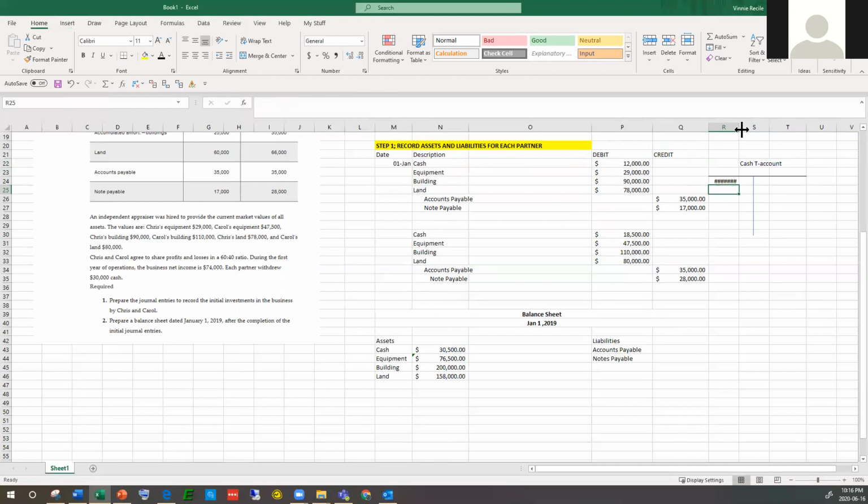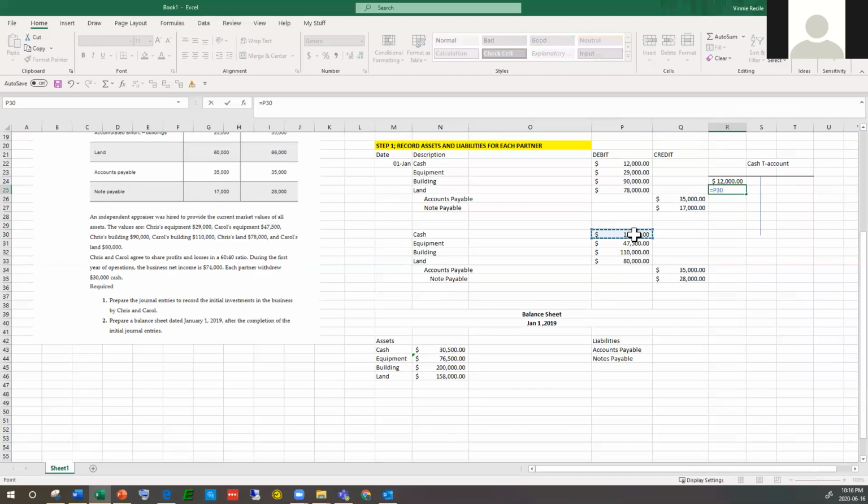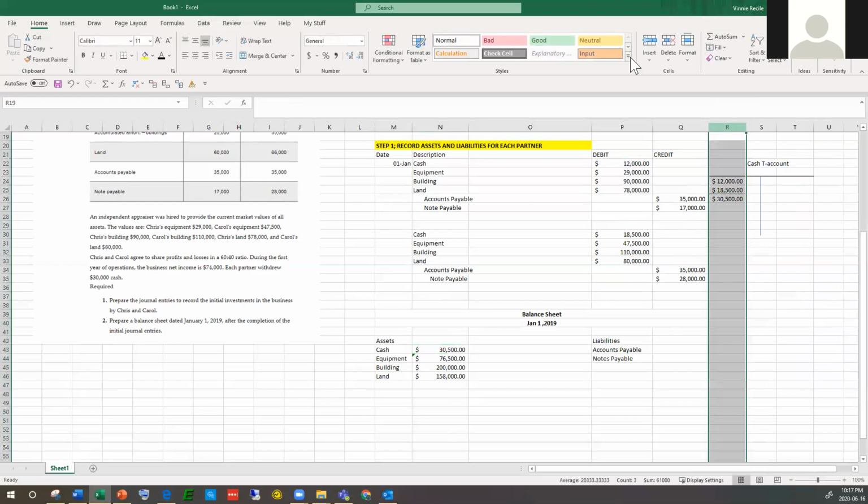And then we would have had another debit balance added in when the 18.5 was deposited. So the total balance on this account would be the 30,500. So all we're doing is, instead of dropping in T accounts and then transferring them to the balance sheet, we're just adding them up straight here to make it a little simpler. So I'm just going to insert some columns so you have some space there.